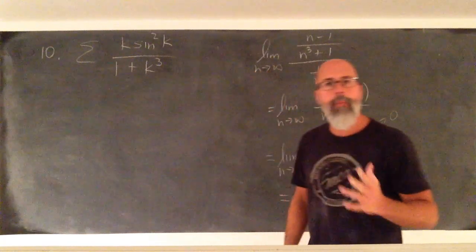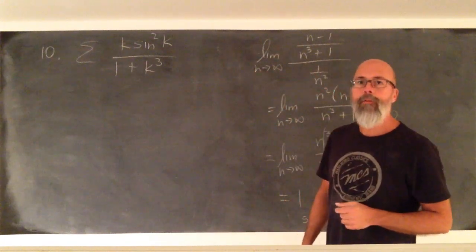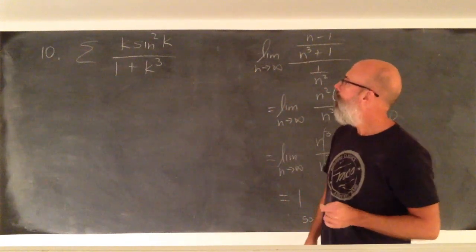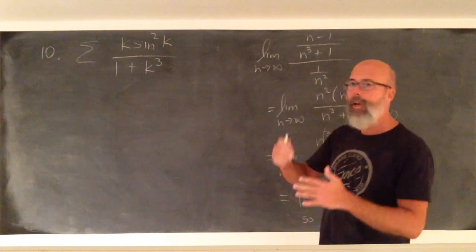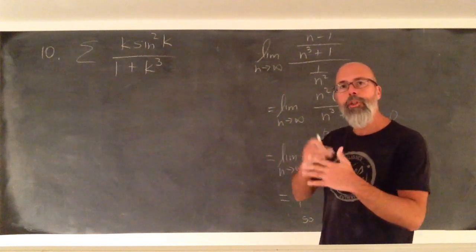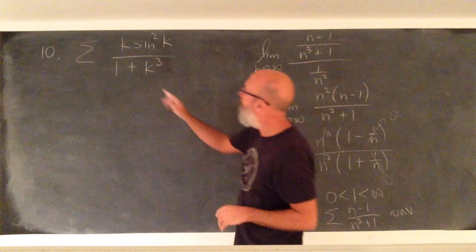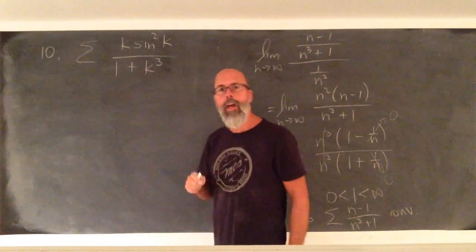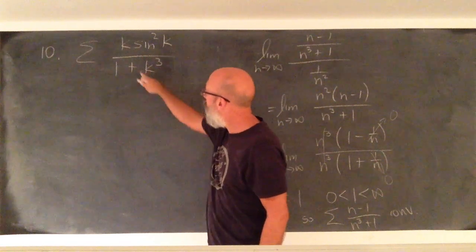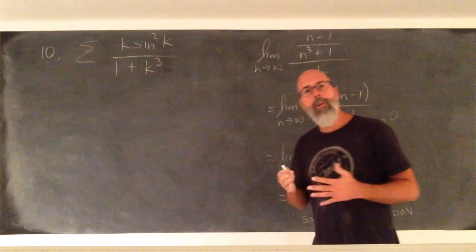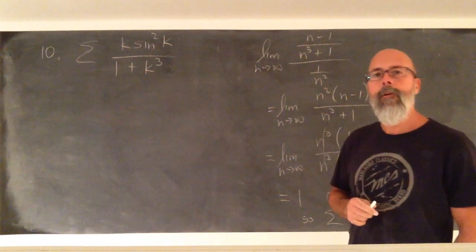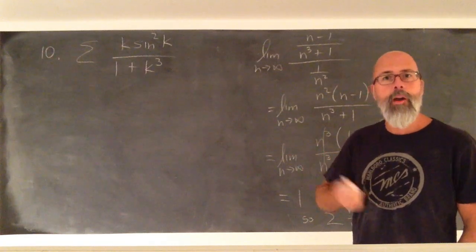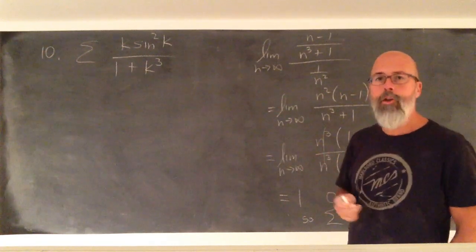Imagine taking a limit of this thing. A limit of one function over another. Maybe you're thinking to yourself, numerator kind of behaves like a k. Denominator kind of behaves like a k cubed. So I'm going to do a limit comparison with 1 over k squared, or k over k cubed.